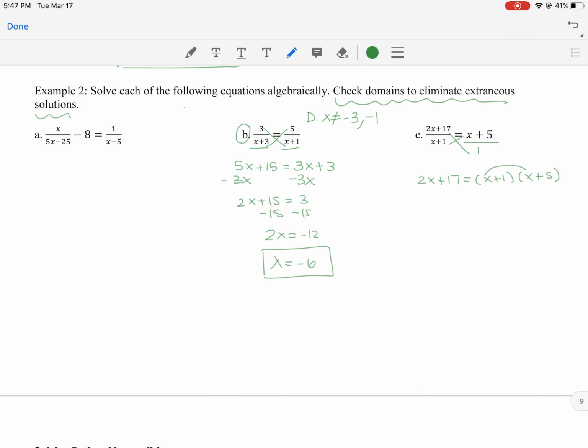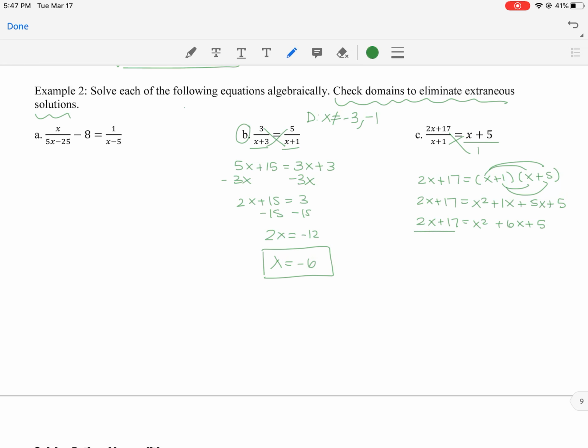So whether you use the box or you distribute, you are going to have to multiply through there to get a quadratic. So you get 2x plus 17 equals x squared plus 1x plus 5x plus 5. If I combine that right side a little bit more, I get x squared plus 6x plus 5.